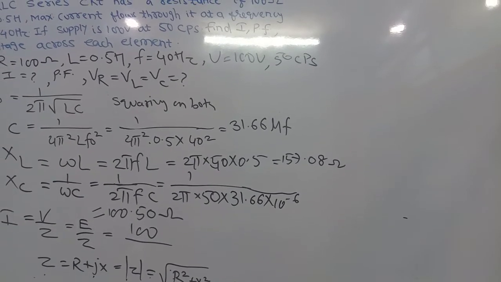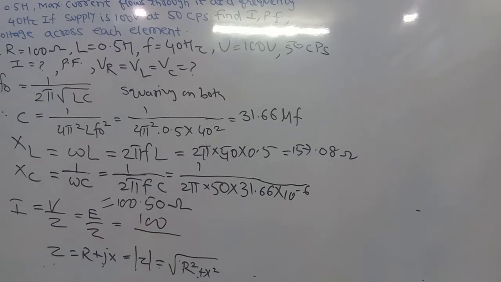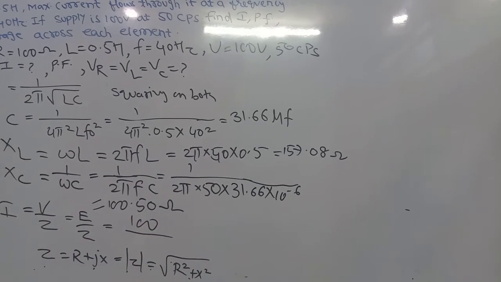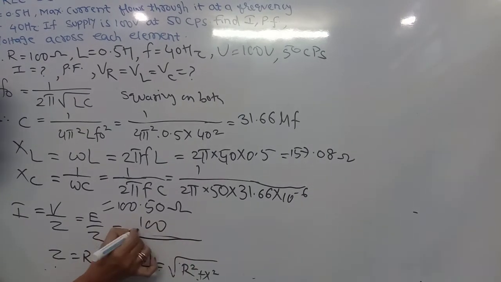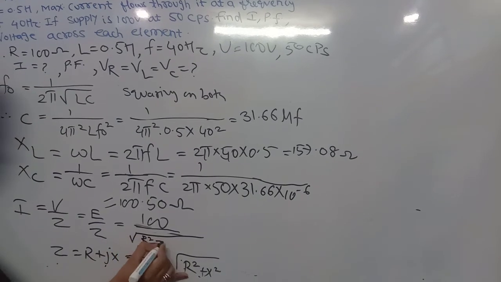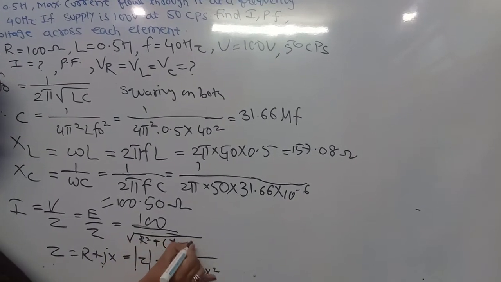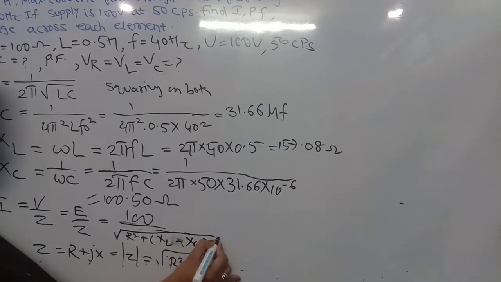Which is greater? XL is greater than XC. That's why the formula will become the root of R square plus XL minus XC whole square.